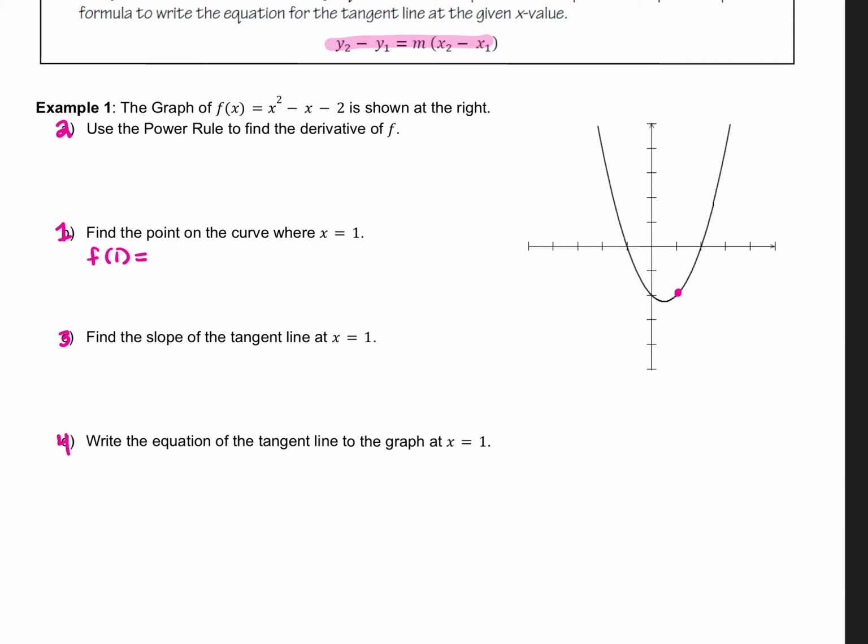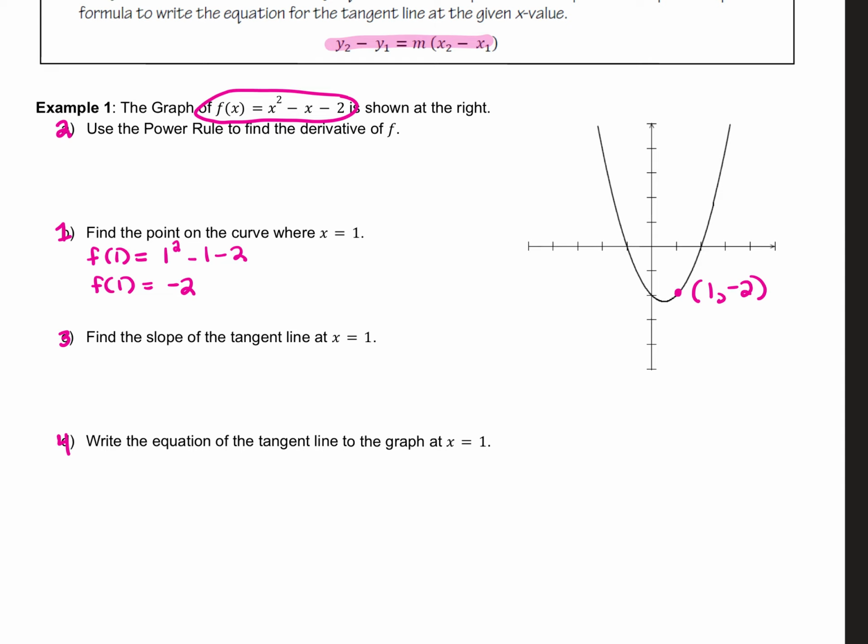That means plug 1 into the original expression, so that would be 1 squared minus 1 minus 2. That gives us 1 minus 1, which is 0, so we get -2. So what I know is that this is the point 1, -2. That's really important for when we go to actually write the equation of the line.